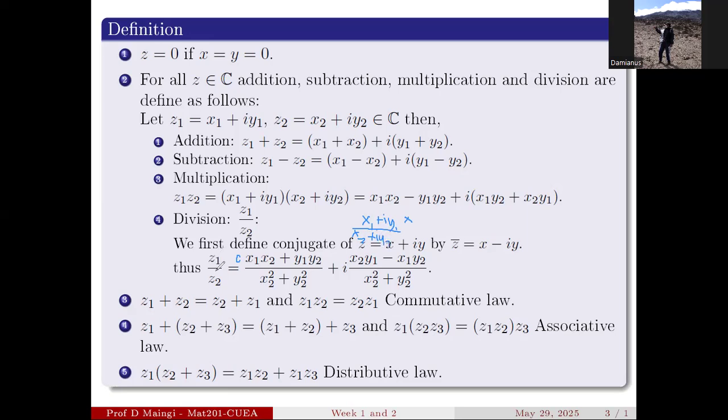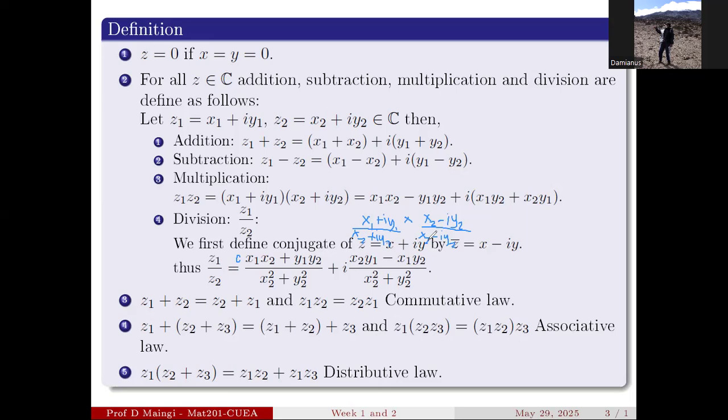So this is what you're dividing, Z1 over Z2 equals this. But you multiply by the complex conjugate of the denominator. So this will be times X2 minus iY2, divided by the same thing, X2 minus iY2. All right? So that's what you have.